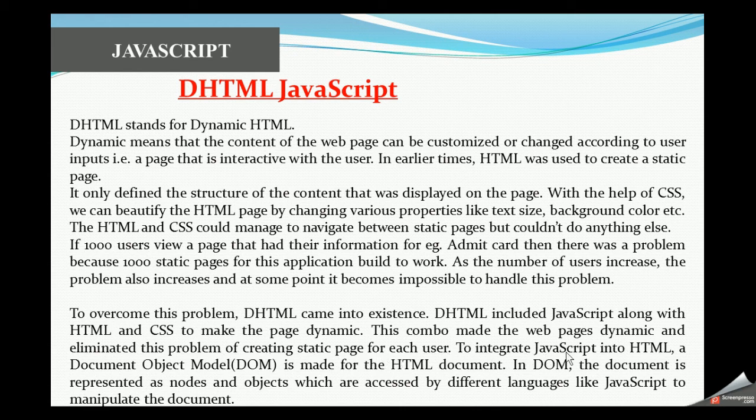When you integrate JavaScript into HTML, a document object model is made for the HTML document. So in a nutshell, DHTML is used to create dynamic web pages. Since HTML cannot create a dynamic web page, we will use dynamic HTML, which includes JavaScript, HTML and CSS.